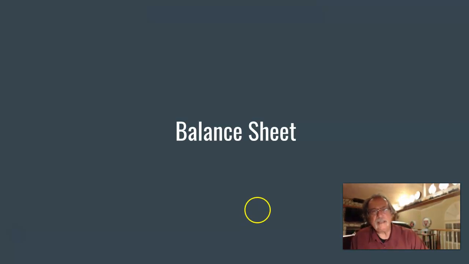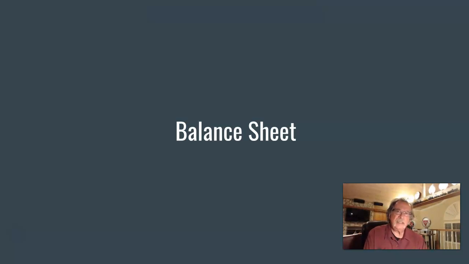The balance sheet is the picture of a company at a given point in time. So the income statement tells you how the company has done over a certain period of time, a quarter or a year. The balance sheet is the picture at the end of that period.